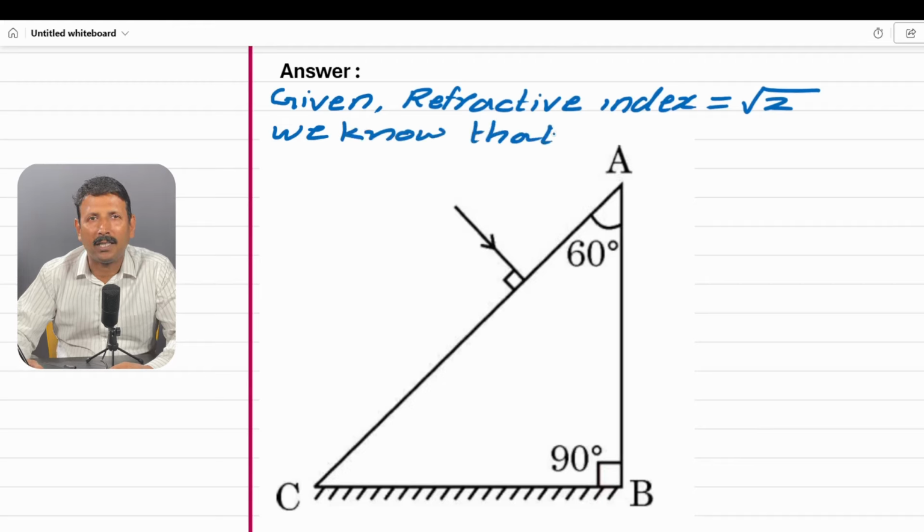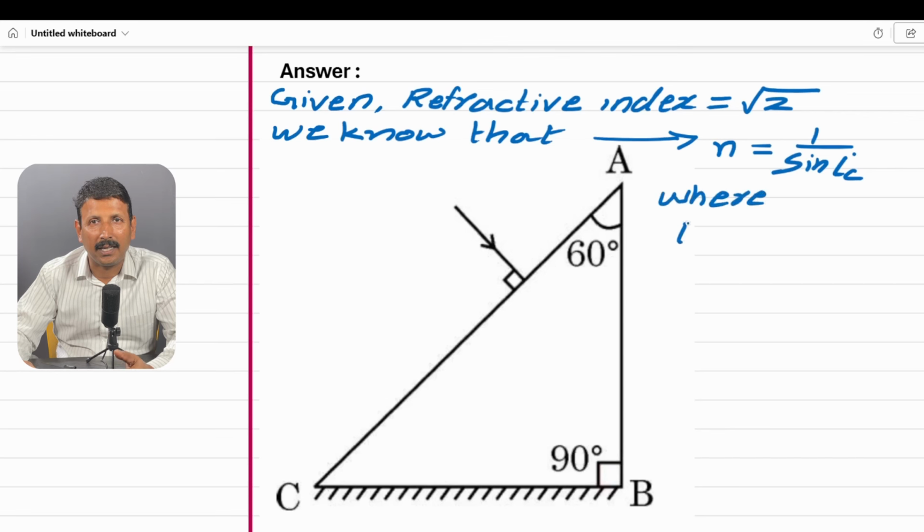We know the relation between refractive index and critical angle, which I will write here: n equals 1 by sine iC, where iC stands for the critical angle. Here n is square root 2, and we want to find the critical angle.